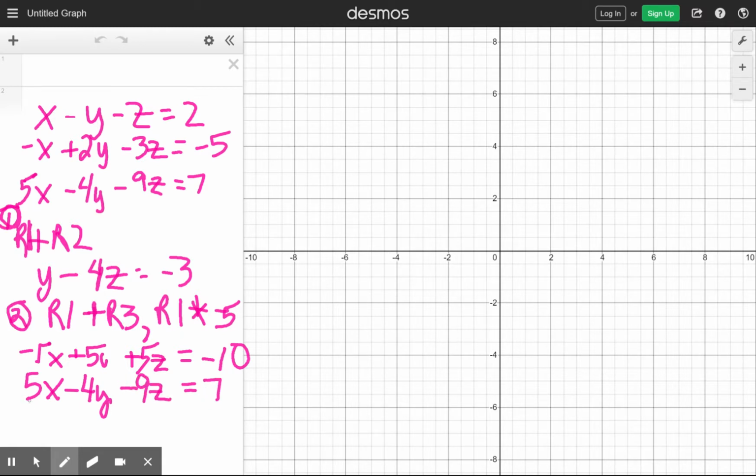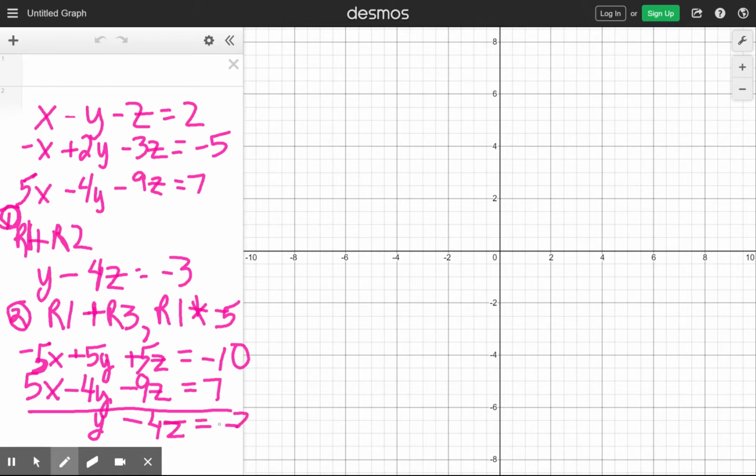Now we can add together these two equations. The 5x and the negative 5x cancel to 0. 5y minus 4y is y. Then we have minus 4z equals negative 3.